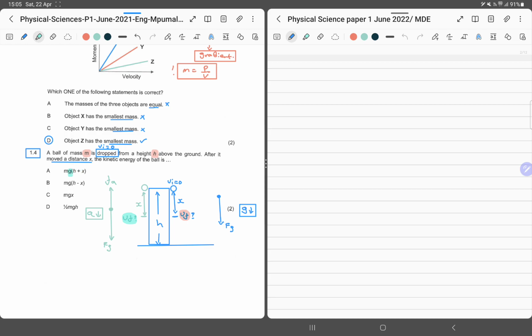They've got g, and we've got our mass m. So this mass is included in this calculation somehow.